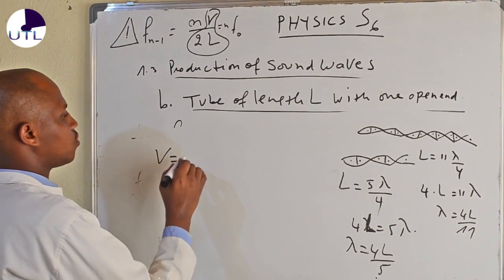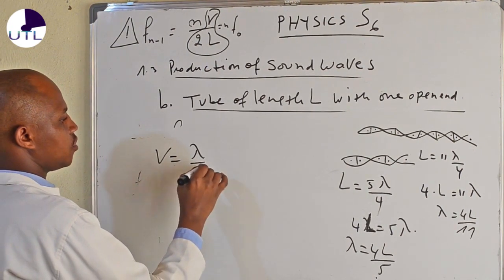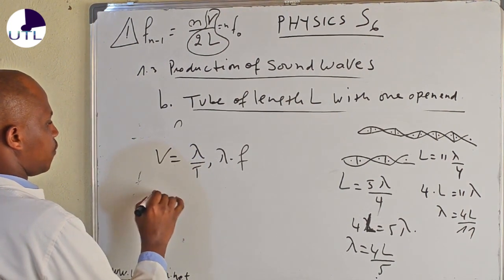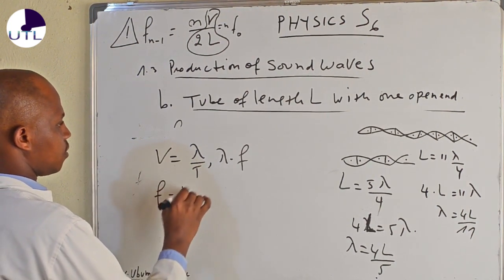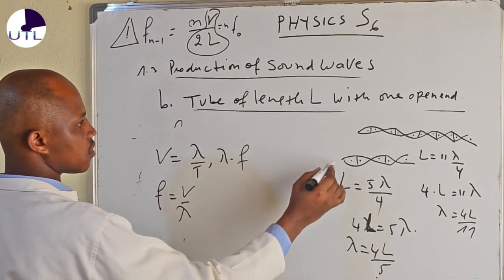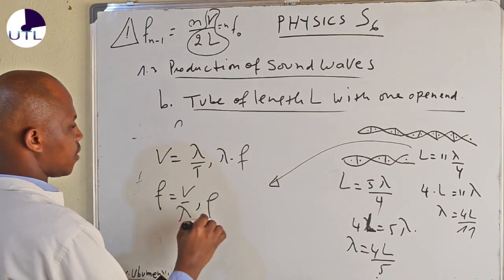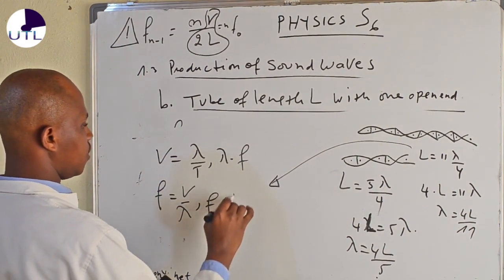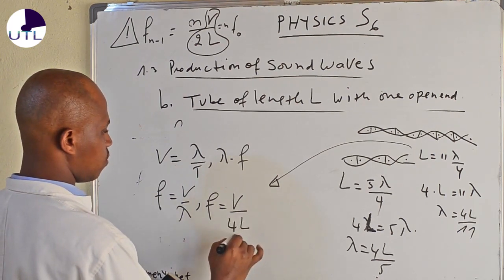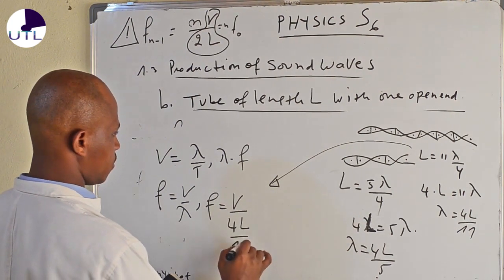Now replacing in the formula, where V is equal to wavelength divided by period, or wavelength times the frequency, where we have frequency which is equal to V over wavelength, to mean for this case we have frequency is equal to V over wavelength, that is V over 4L over 11.